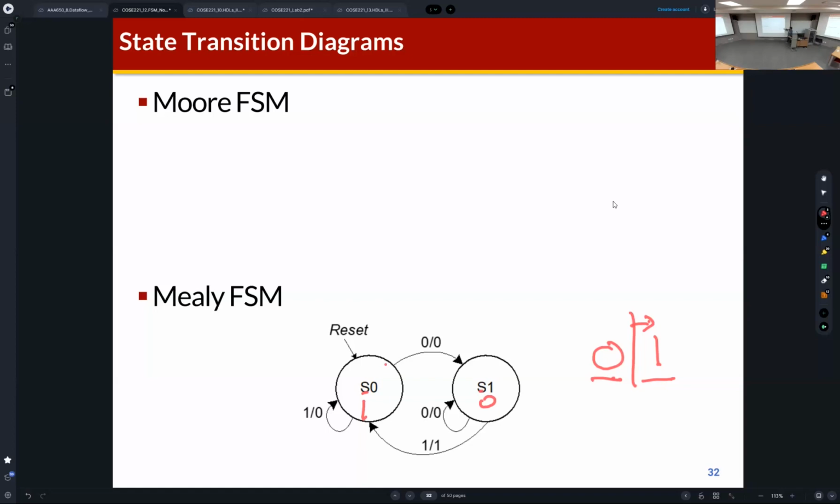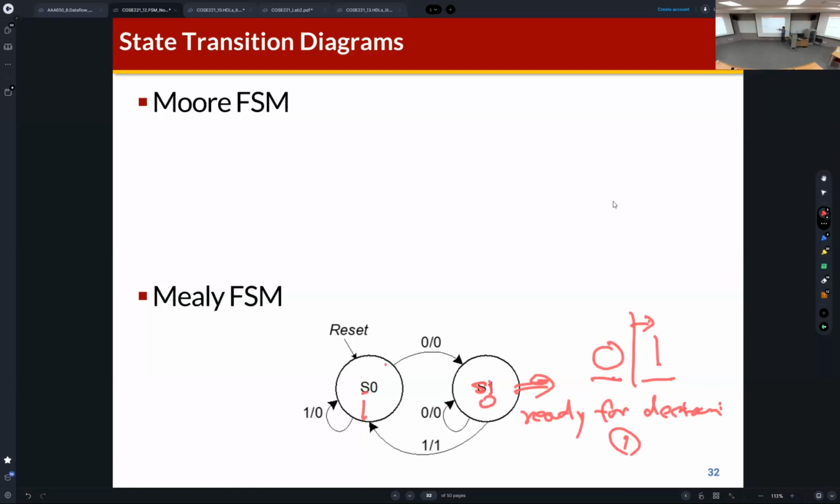In the Mealy machine, the output is determined by the previous input and the current input. Based on the previous input, the state is changed. When 0 is input, the state is changed, and it's ready for detecting 1. In the Mealy FSM, if 0 is detected and you change to S1, it's ready for detecting the next one.